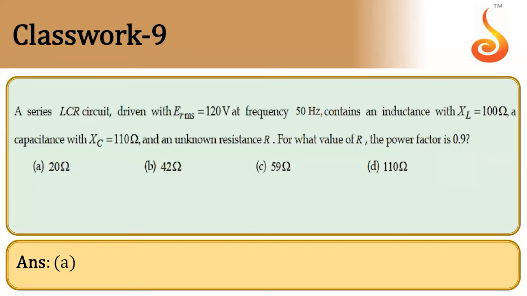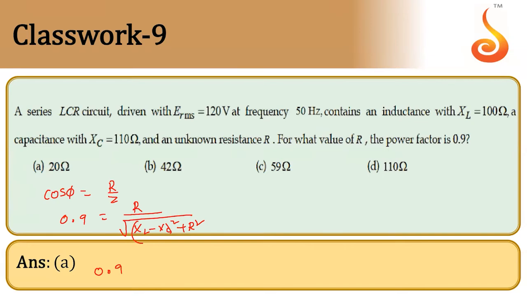A series LCR circuit driven with E rms is given. The frequency, inductance, capacitance, capacitive reactance, and an unknown resistance are given. For what value of R is the power factor 0.9? Power factor is equal to cos phi, which is R by Z. So 0.9 is equal to R by Z, where Z is the square root of (XL minus XC) whole square plus R square.